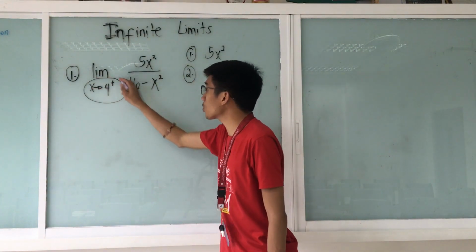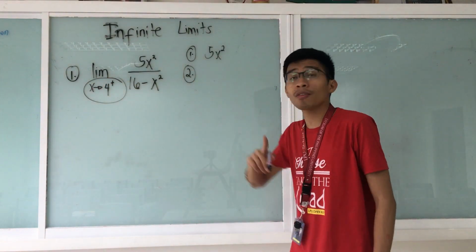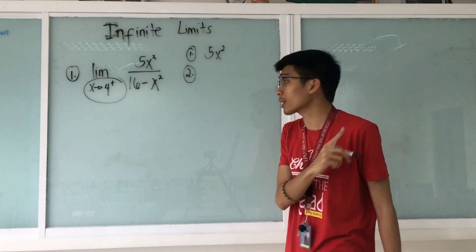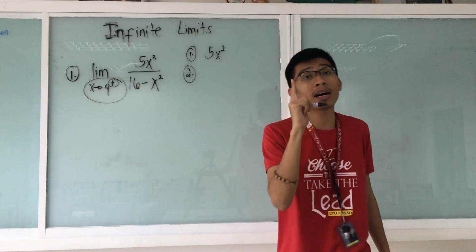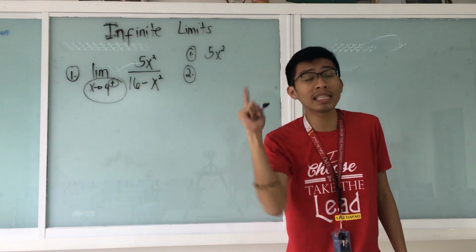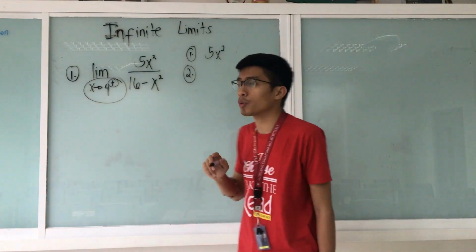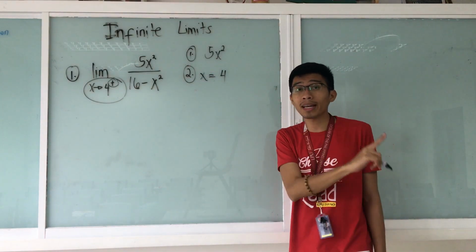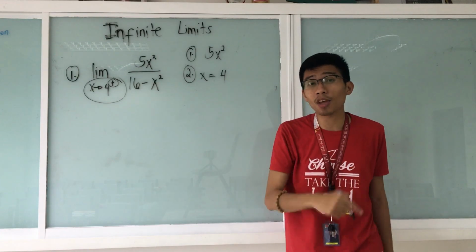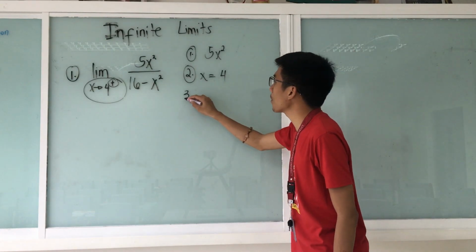My x approaches positive 4, to the right of positive 4. For step number 2, you have to disregard the sign at the top of your number. What is needed there is where your x approaches to, which is positive 4.